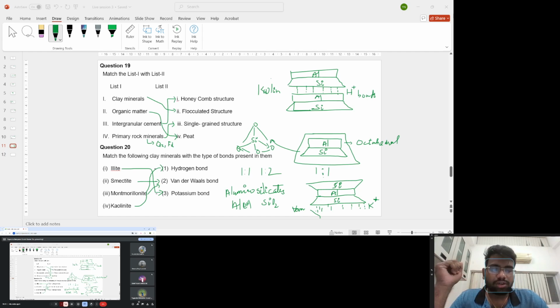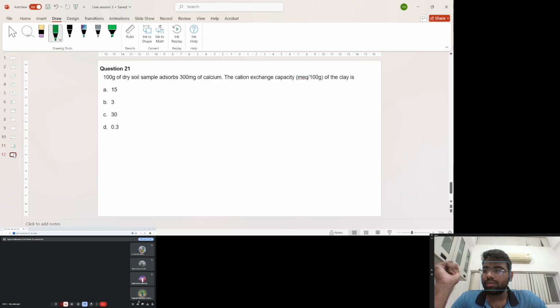Our next question is a small problem. So you have come across the term cation exchange capacity. Now how to calculate it? First you have to understand what cation exchange capacity means.